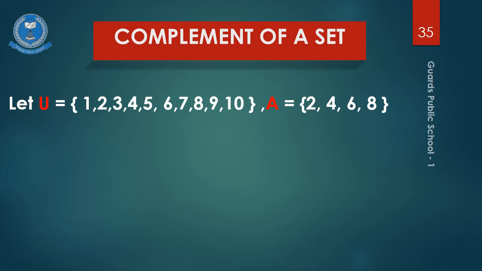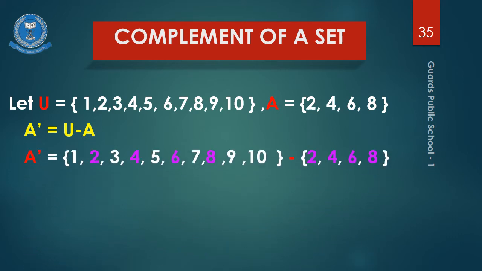A complement is equal to universal set minus A. Then again write down A complement is equal to, first list all the members of the universal set minus the members of set A. Since it is simply a difference, and when we find difference, we write the members which are present in the first set but not present in the second set.